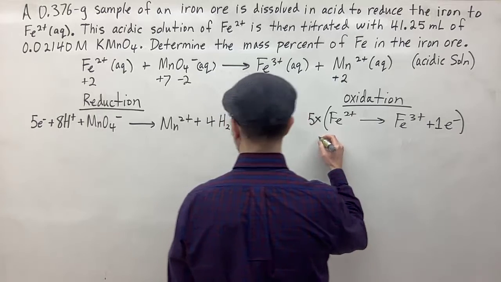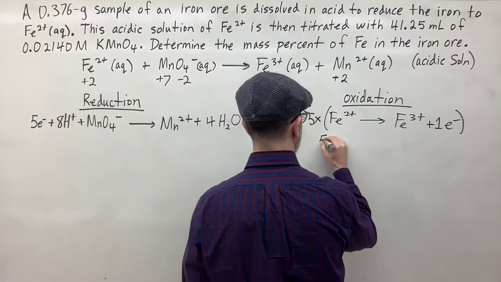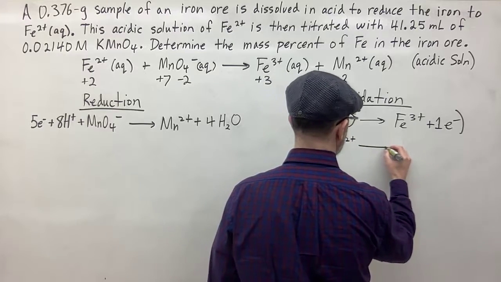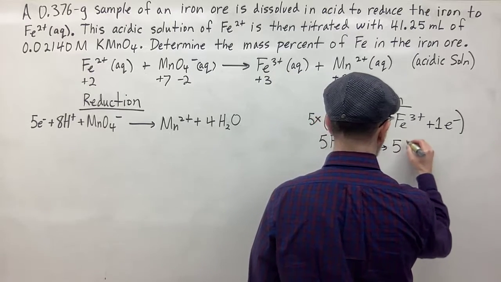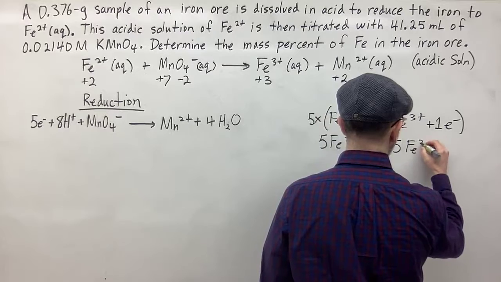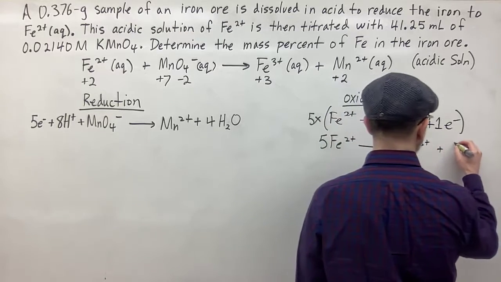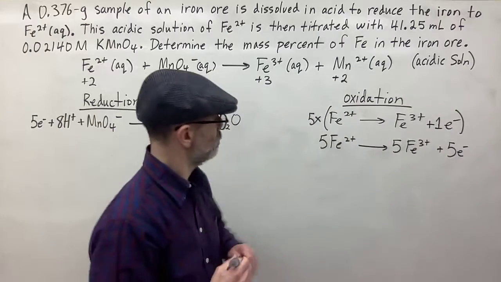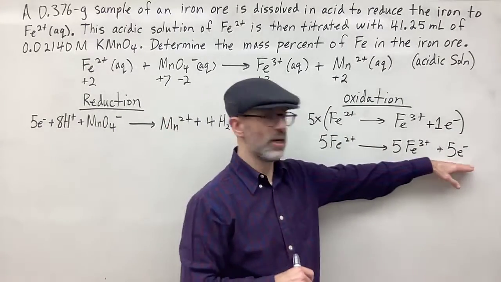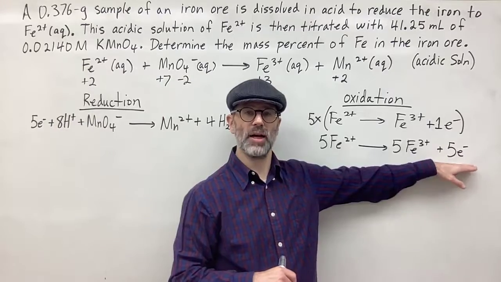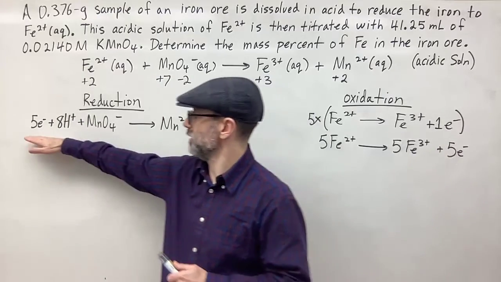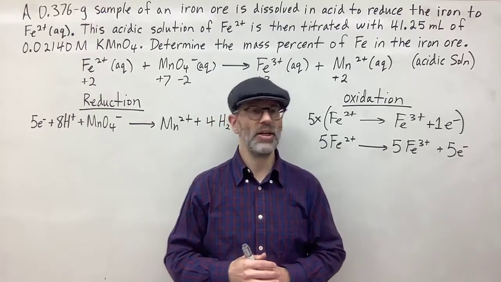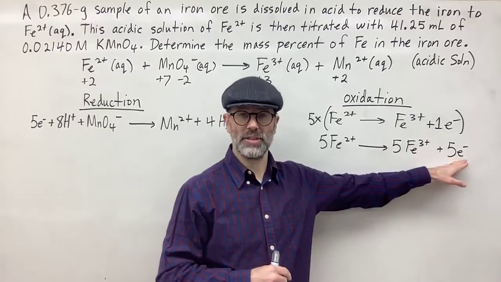So that means I'm going to have 5 Fe2+, 5 Fe3+, 5 electrons. So now I have 5 electrons on this side as a product, and I have 5 electrons on this side as a reactant. Now I can add the 2 half reactions together, and then the electrons will cancel out.